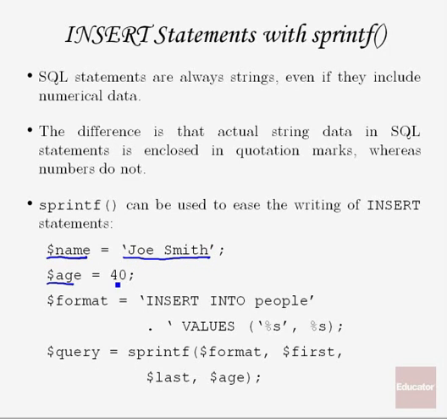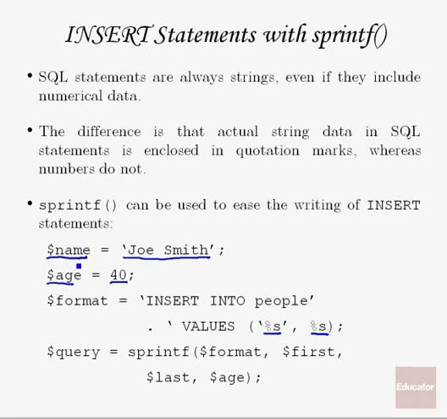We have an age variable that's set to 40. Well, what we can do is use this sprintf function to generate this insert statement by creating a string template, a string format that has the string data insert into people, space values, and then it uses these %s symbols that we learned about that the sprintf function is going to be able to insert values in place of.